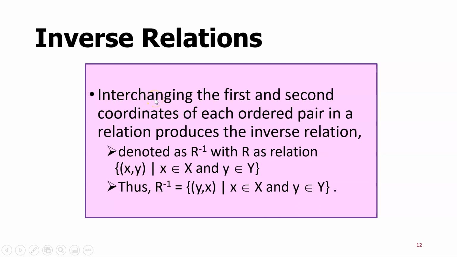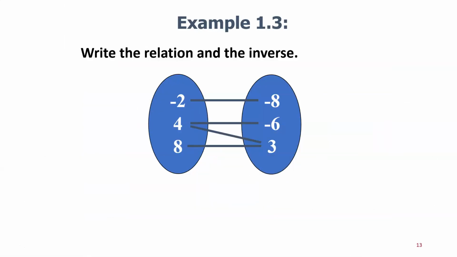Dia tukar koordinat pertama dan koordinat kedua punya kedudukan. So you will have y and x. Dia dah bertukar. Originally you have xy. Kalau inverse dia tukar kedudukan saja, y and x. So what does it mean by inverse relation? Hubungan sonsang. Kita terbalikkan dia.